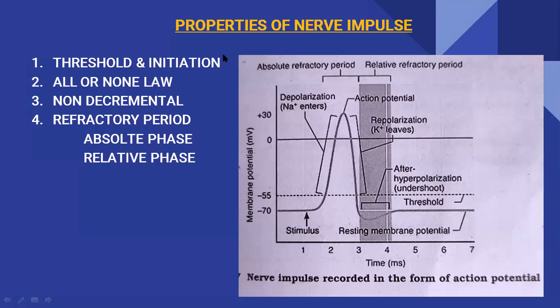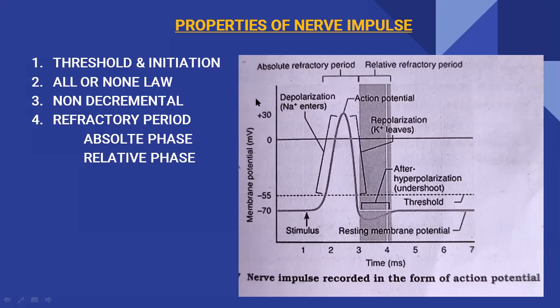When the stimulus is given, sodiums go inside. And after the stimulus is withdrawn, potassiums come out. Again, later, sodiums go out and potassiums come inside. So the movement of sodium potassiums will be seen only in nervous tissue. In the remaining cells, this type of movement is not seen.